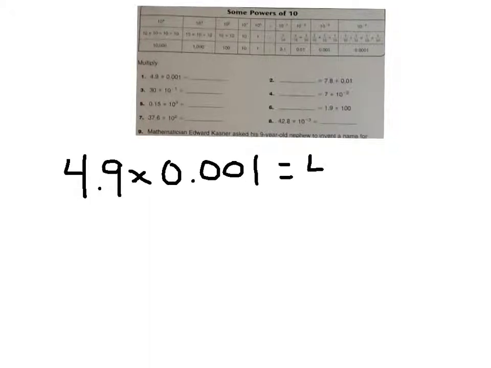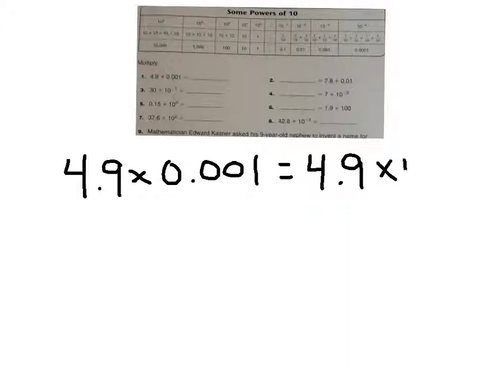So let's go ahead and rewrite 4 and 9/10 times 0 and 1/1000. It is equal to 4 and 9/10, that stays the same, and then 1/1000 is right here, a 10 to the power of -3.